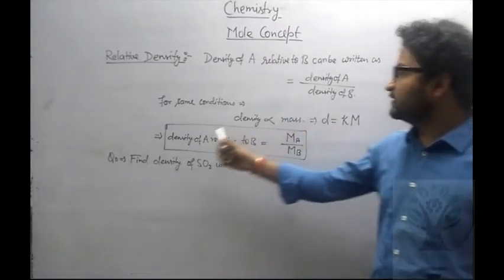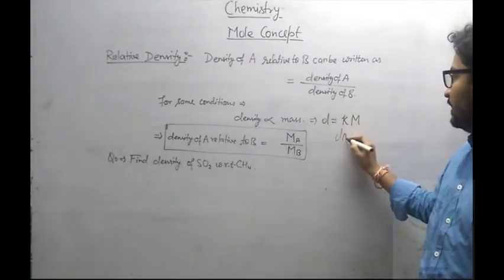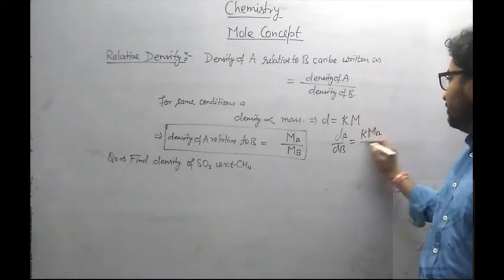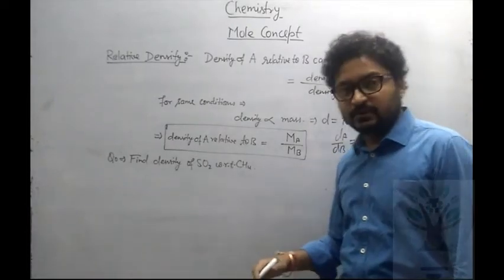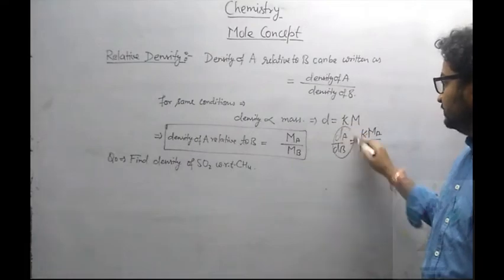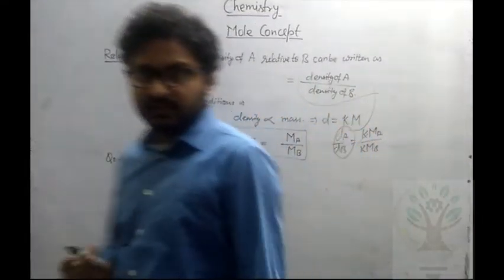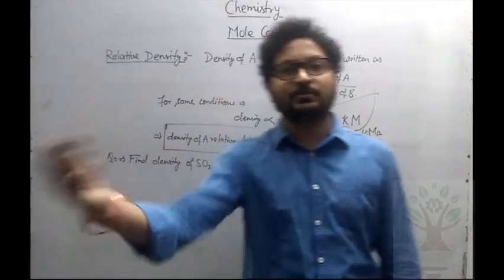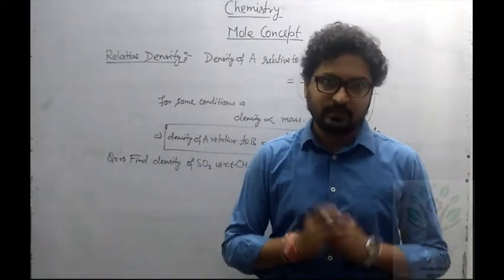So if I apply this for A and B, density of A upon density of B equals K times MA upon K times MB, means K times mass of A upon K times mass of B. So K and K cancel, and this term will come as MA upon MB. Are you getting this thing? Okay. So if somebody asks me what is your density with respect to this, simply take the ratio of their molar masses. Okay.